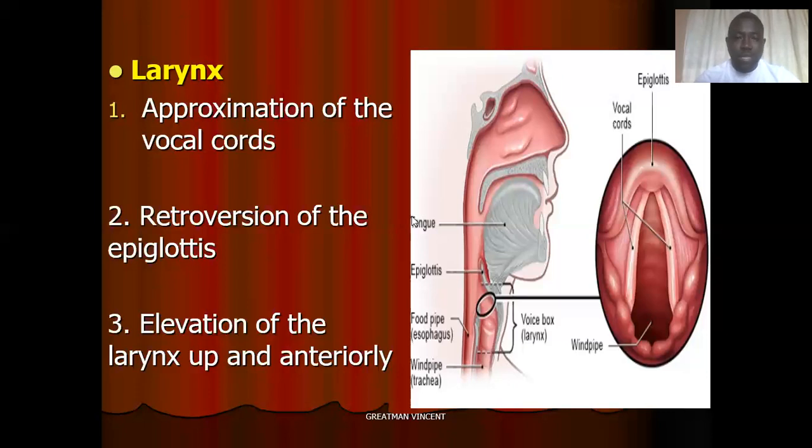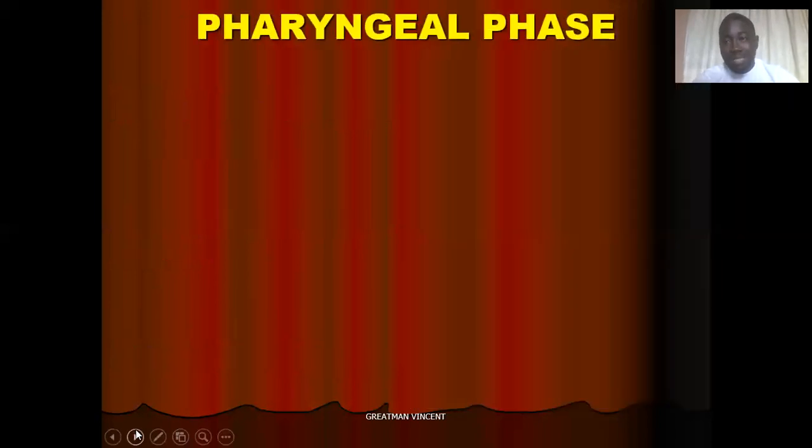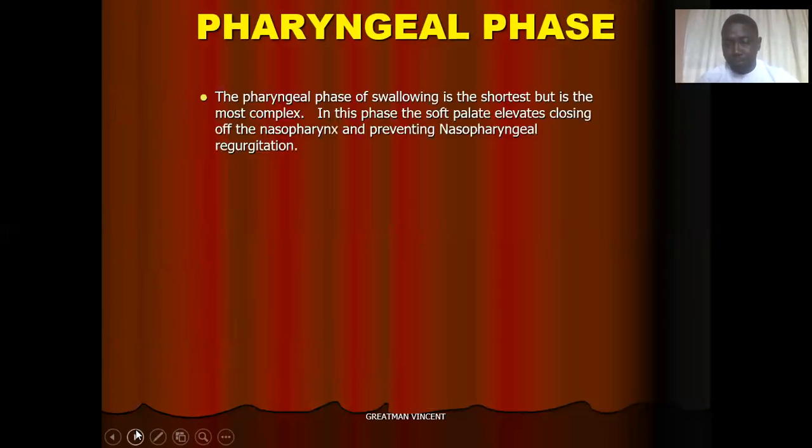So because of this, now we want to consider what happens specifically at the pharyngeal phase. These are pathways that we don't want food to get to, and we're taking time to go through. So basically, we now want to look at what happens at the pharyngeal phase of deglutition or swallowing.